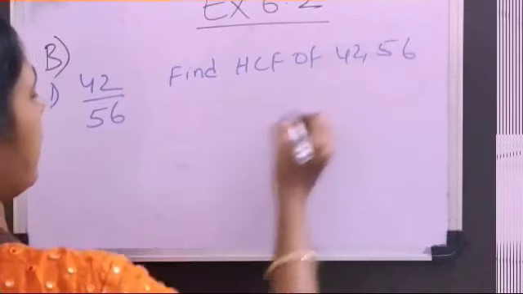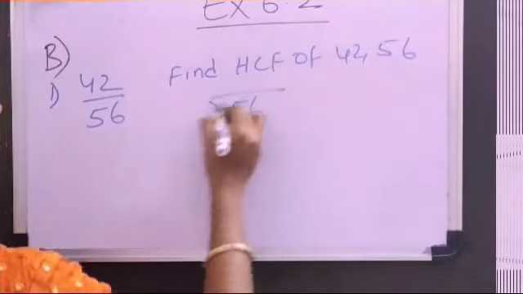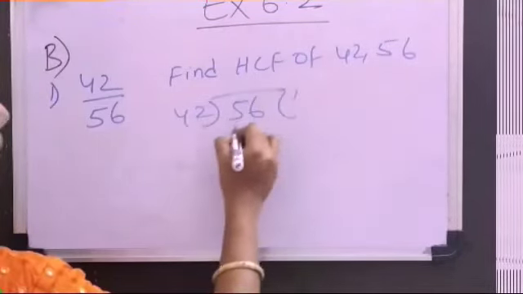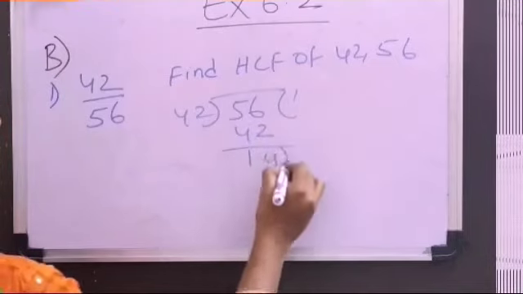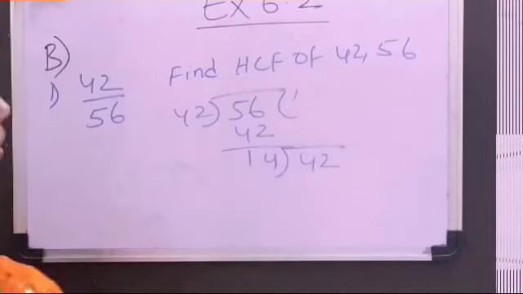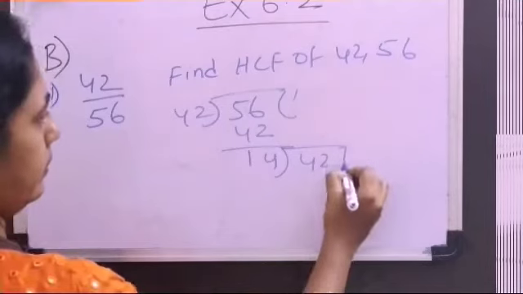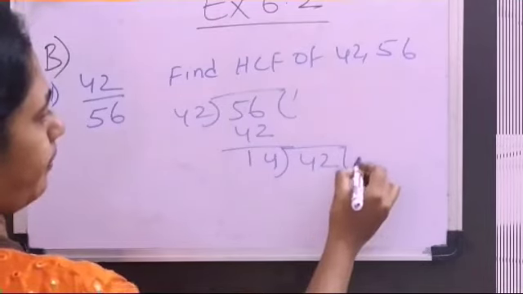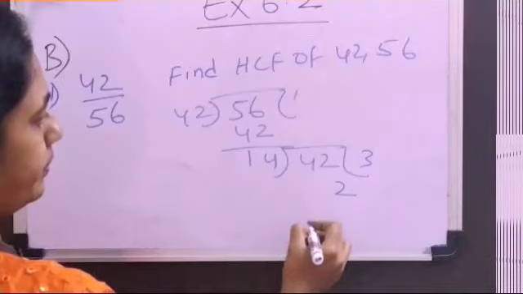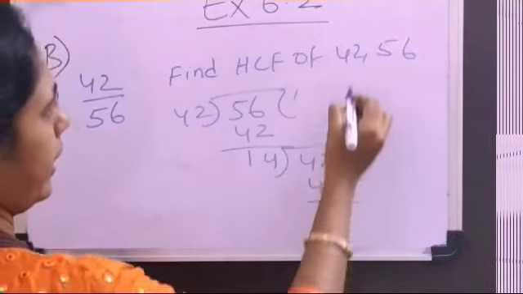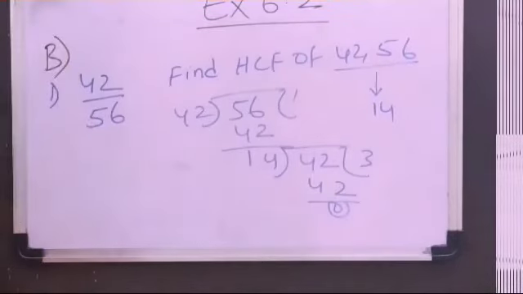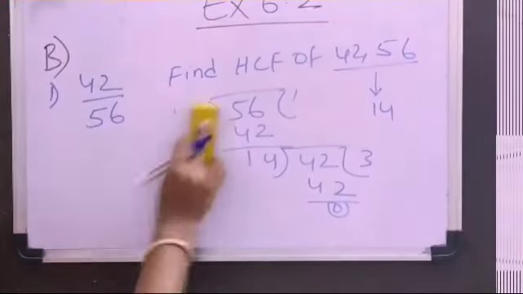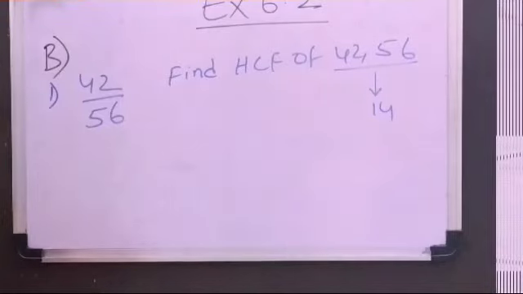Now find the HCF of 42 and 56. I will use my favorite method, that is the division method. 14 3s are 42. So the HCF of 42 and 56 is 14. Now we will reduce the fraction into lowest terms.